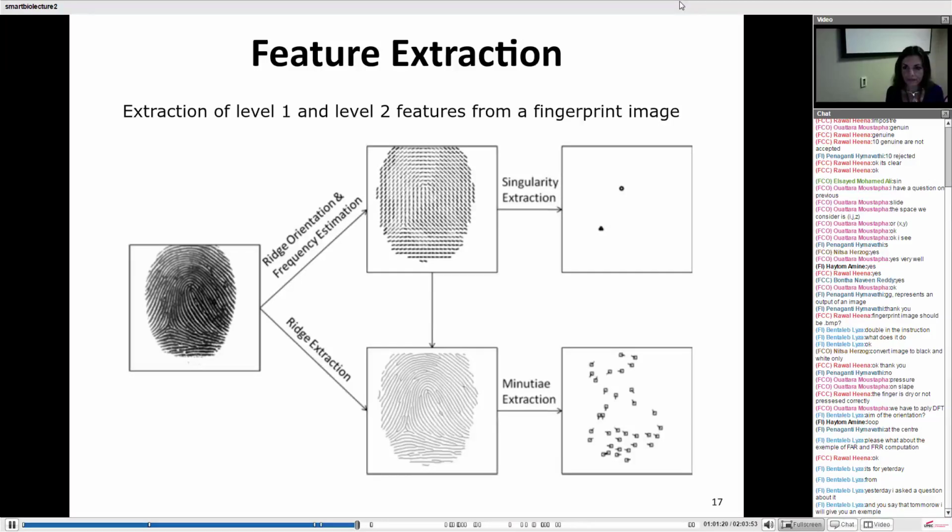I cannot refresh right now. So if I uploaded the slides that you are seeing now, and if you missed the first part of this lecture today, there is an example in the first 3-4 slides about how to compute false rejection rate and false acceptance rate.